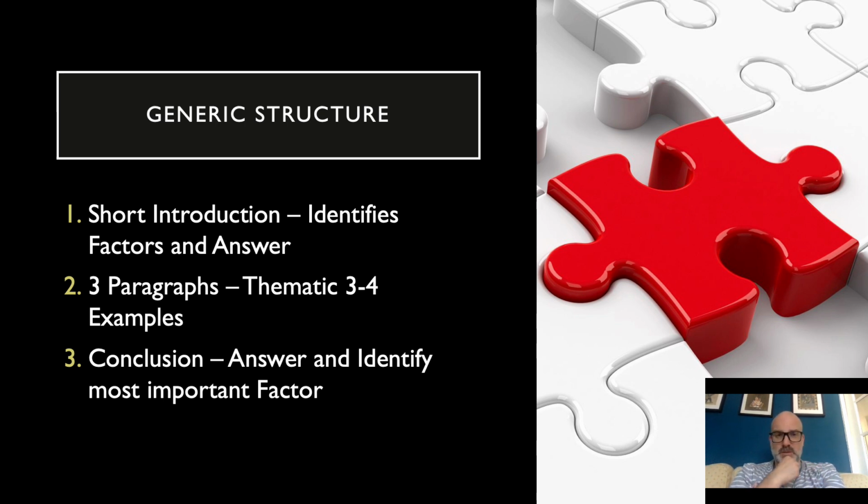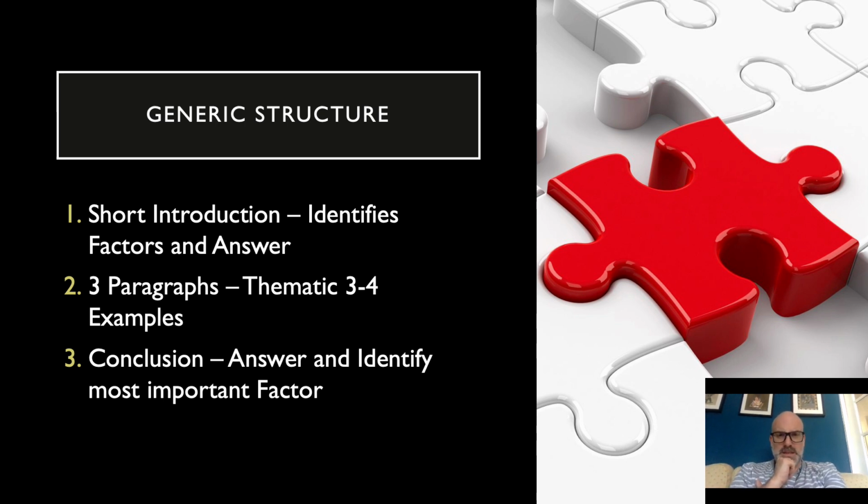Then we're followed with a conclusion, in which we really drive home our answer to the question and identify the most important factor, the thing that contributes most to our argument. Again, as a point of general principle, there's always some slight variations in that. But there we go. Politics of the Late Republic 20 markers are very similar, if not identical, at least in terms of practice and theory, to the others.